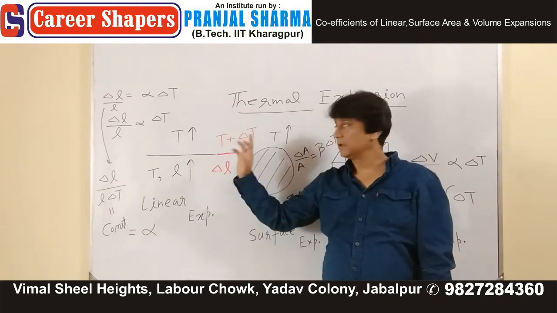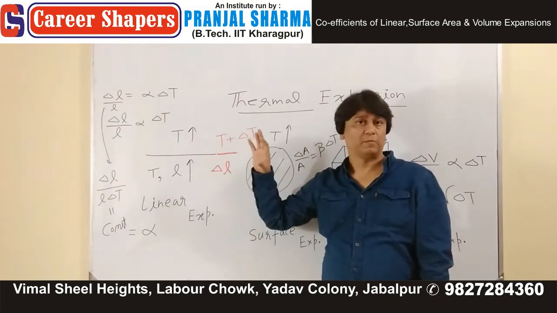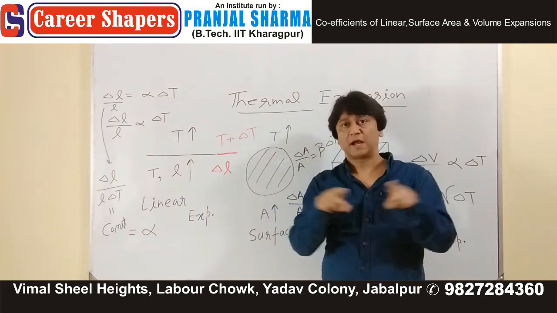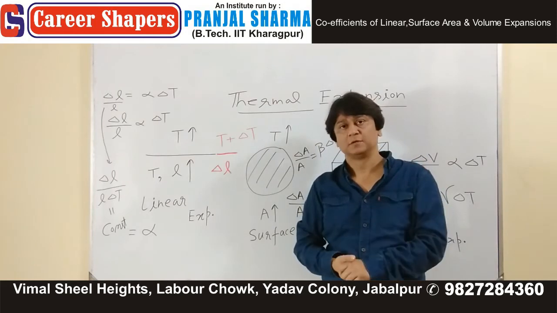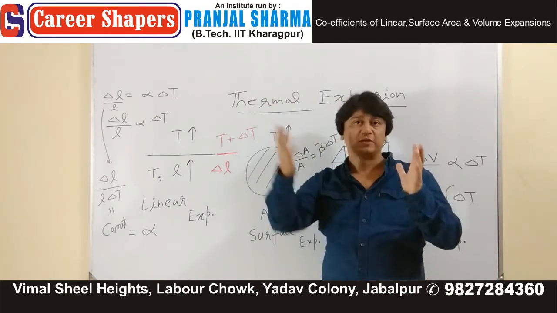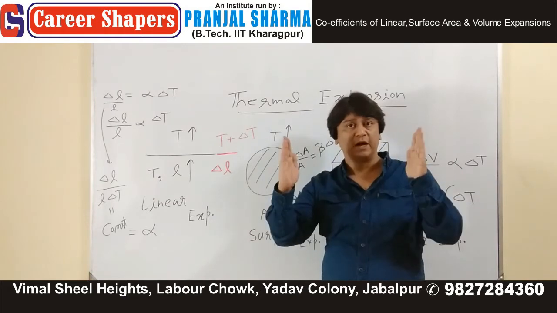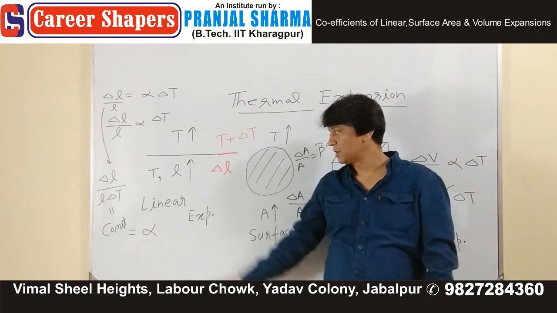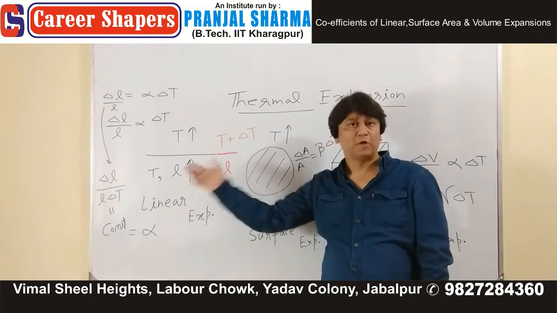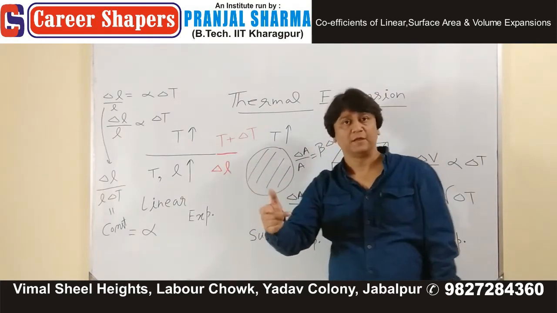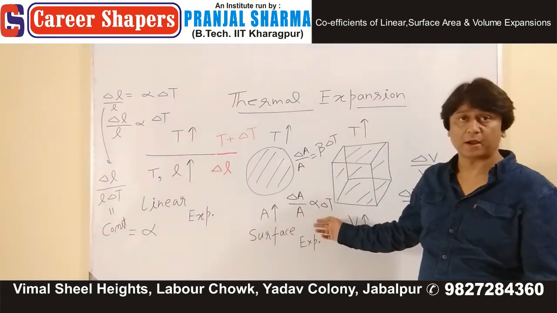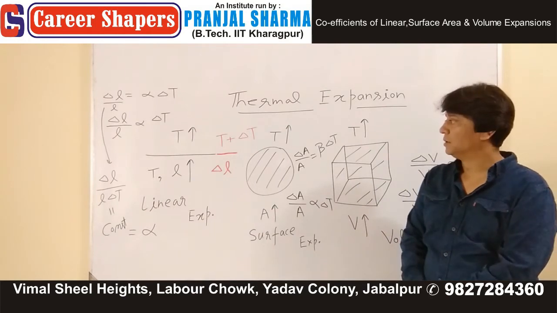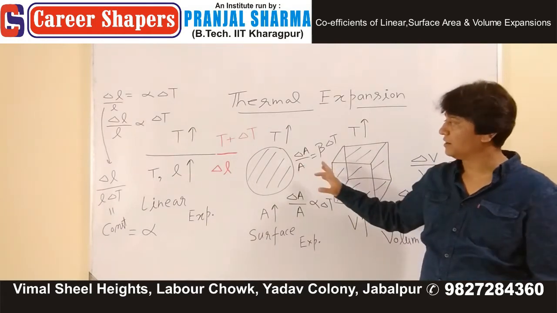Now consider a rectangle. It has two sides. If you increase the temperature, both sides are going to increase. What are sides? Linear. And when you take care of both sides together, when you multiply them, you will get the area. So this way, you can easily figure out the relationship between alpha and beta.